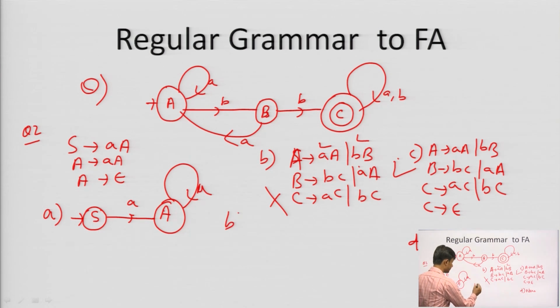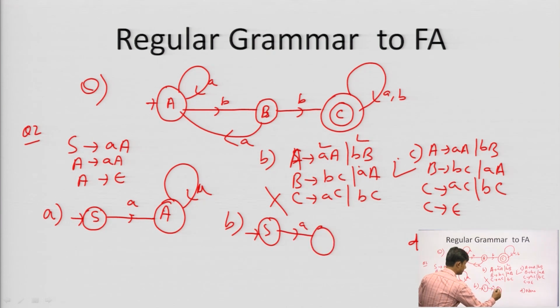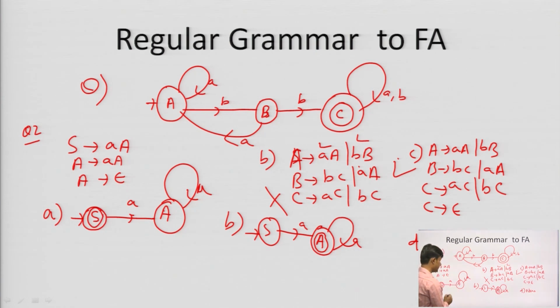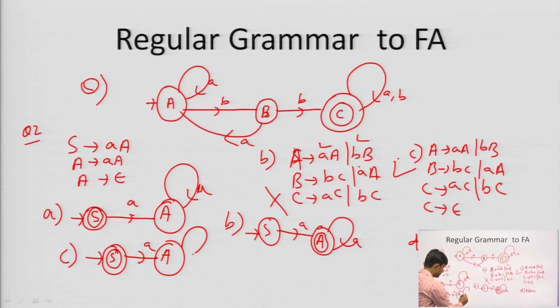Option B is saying S, and this is A, and make A the final state. Then option C is saying this is S and this is A, and here is the final state. And D is saying none of these.